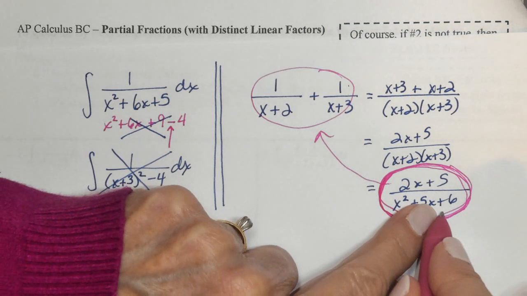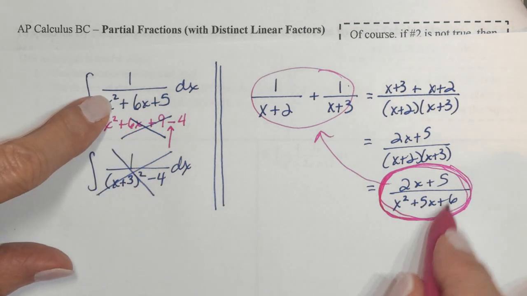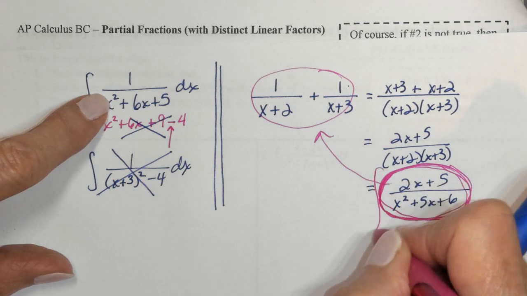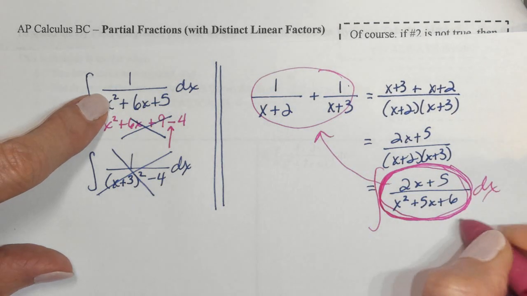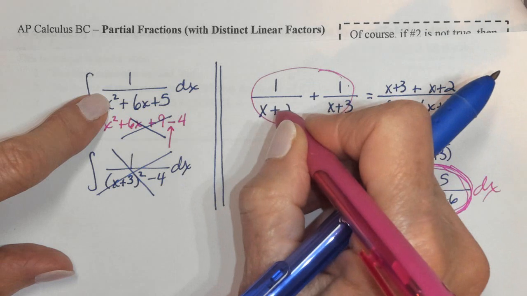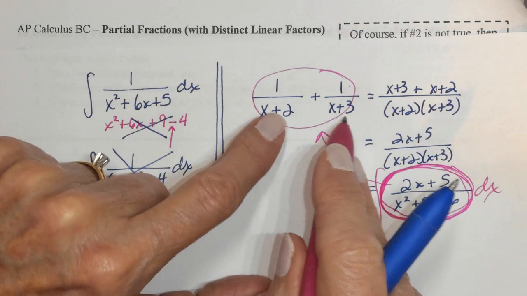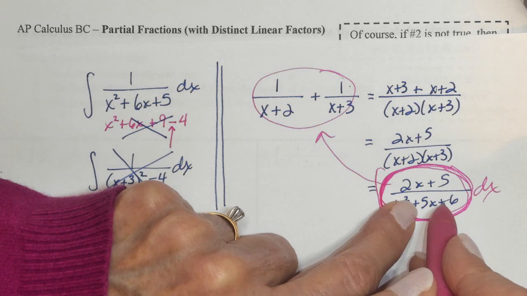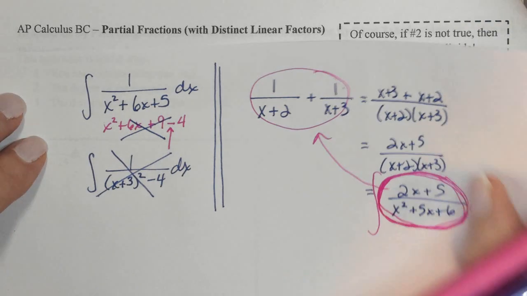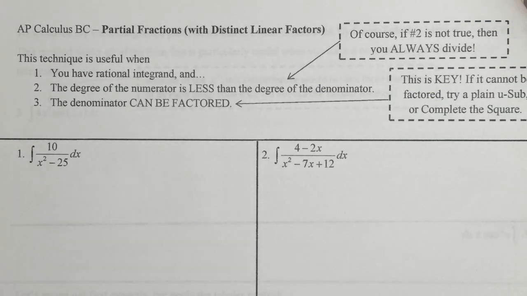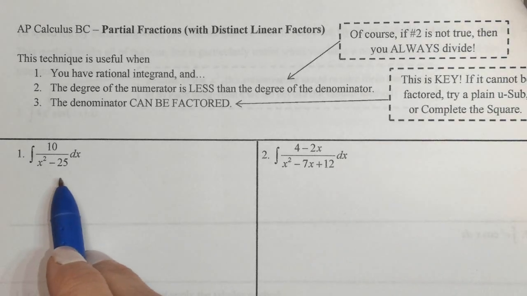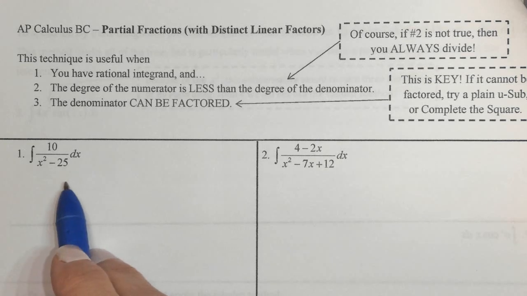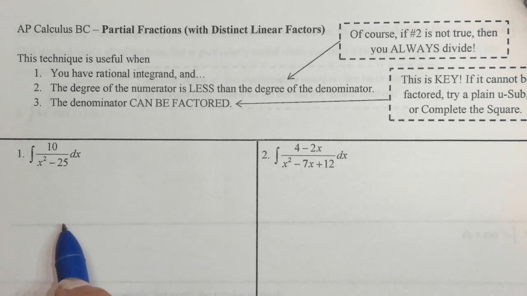Because this looks a little bit like what we started with in our integral. If we're integrating this, we need to get back to that. These are the partial fractions that make that. So that's what we're doing here. We're going to go through the process that allows us to break apart the two factors in the denominator.